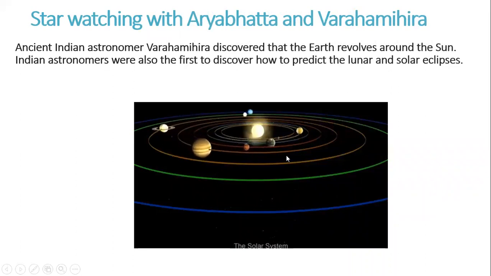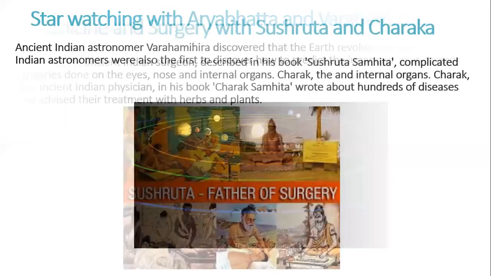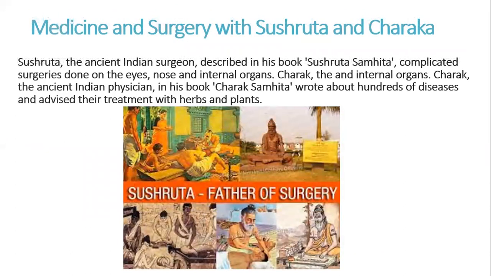Now that we know a little about science and space, let us know something about medicines. India has a rich old tradition. The medicinal properties that our plants had were all discovered in India. Medicine and surgery started in India, with Sushruta and Charaka.